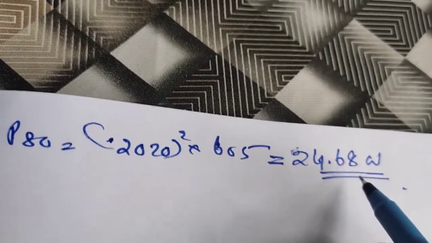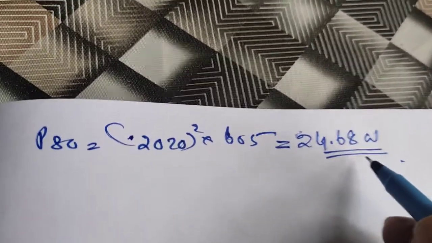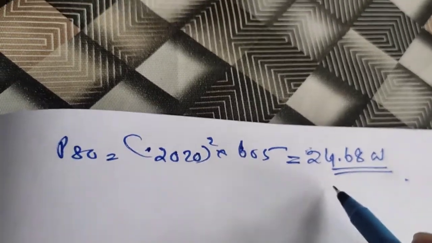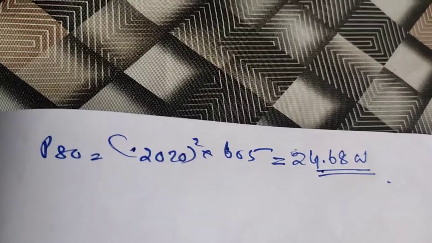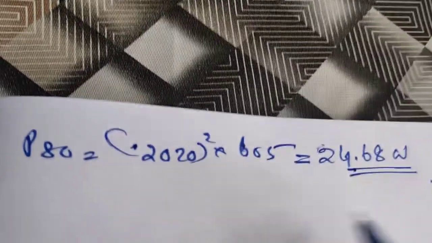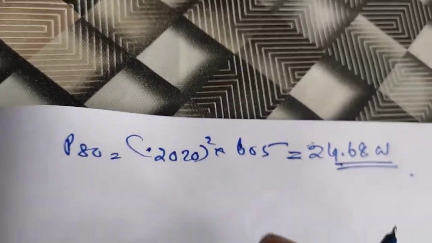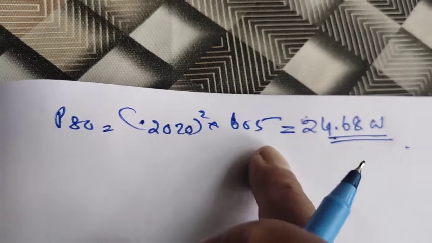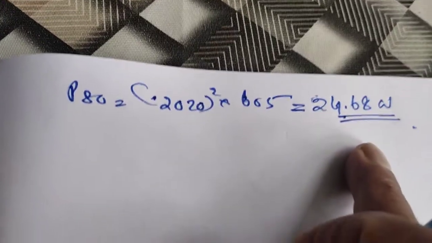This way it will change in series connection, and the 80 watt bulb will glow more than the 100 watt bulb. That means the resistance of 80 is more than the resistance of 100 in series connection.